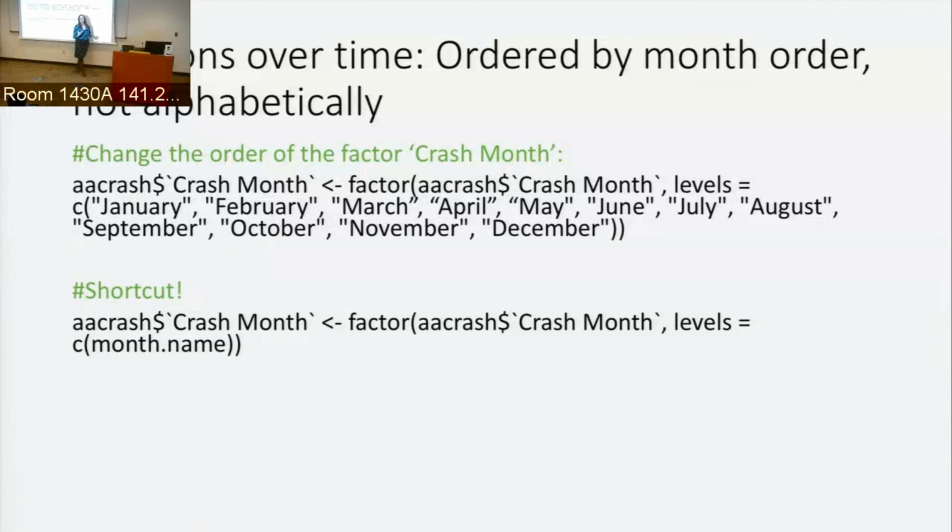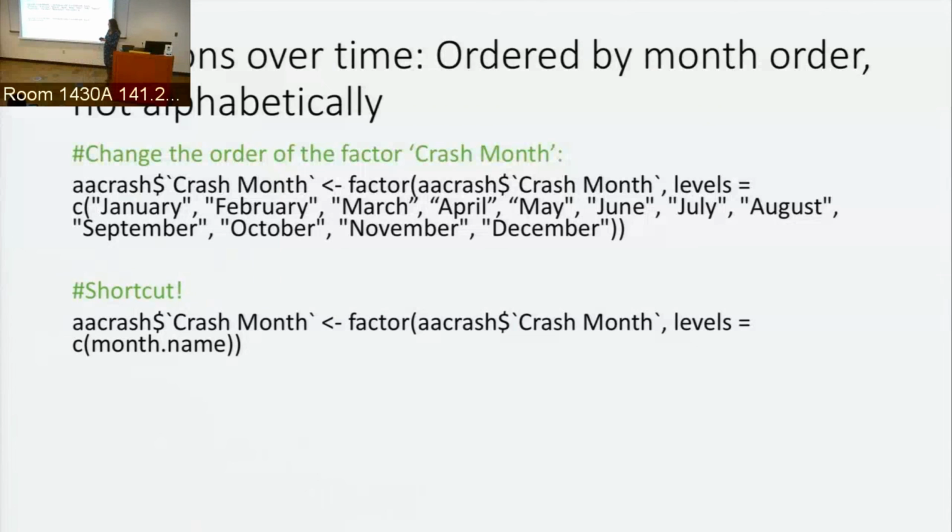We're creating a new variable with a new format and reordering the levels. Then you type factor, so we're changing this to a factor with different levels, saving it in the same variable. Now we call the function levels equals c parenthesis, and like I said, the shortcut is just to say month.name, and that will automatically reorder them in chronological order.